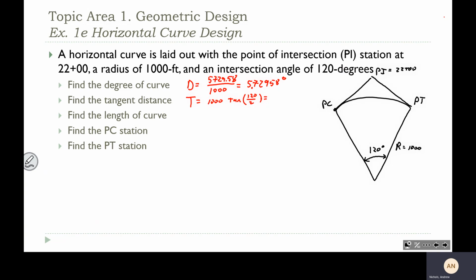I definitely can't do trig functions in my head. So I'll give you 1,732.